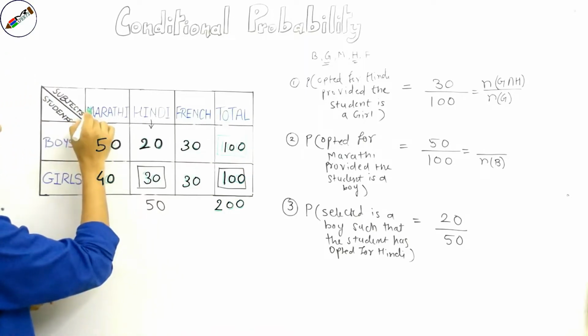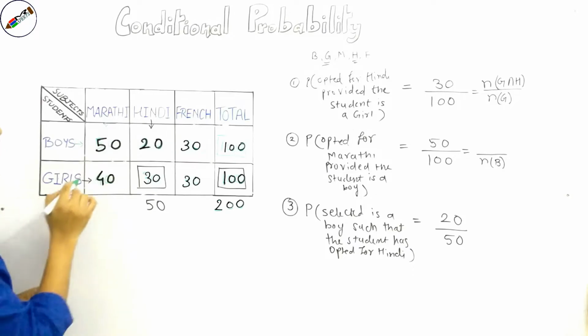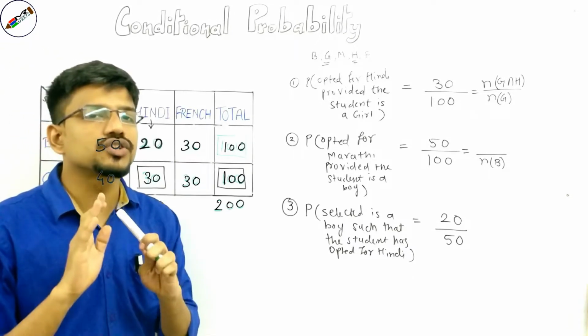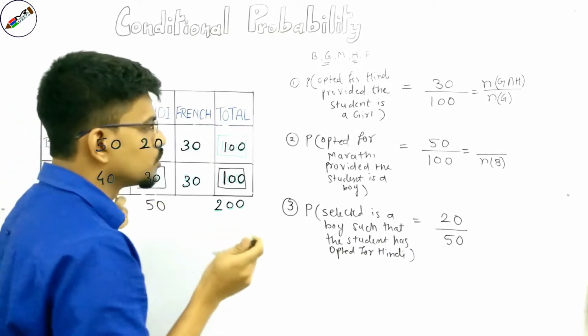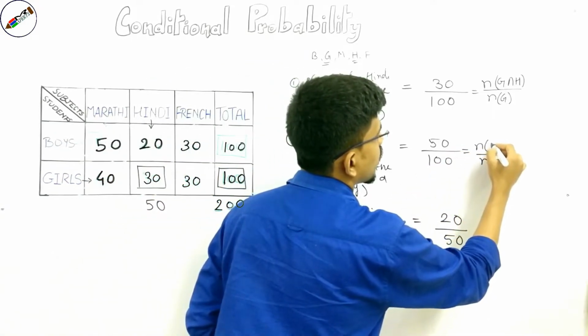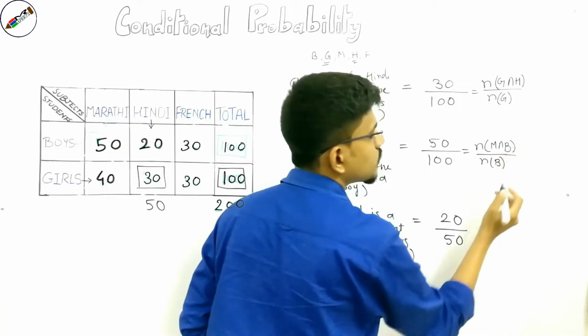Opted for Marathi is this particular event. So this intersection, what is it? It is 50. It means it is the intersection of Marathi and boys. So your numerator would look like number of M intersection B. Simple.